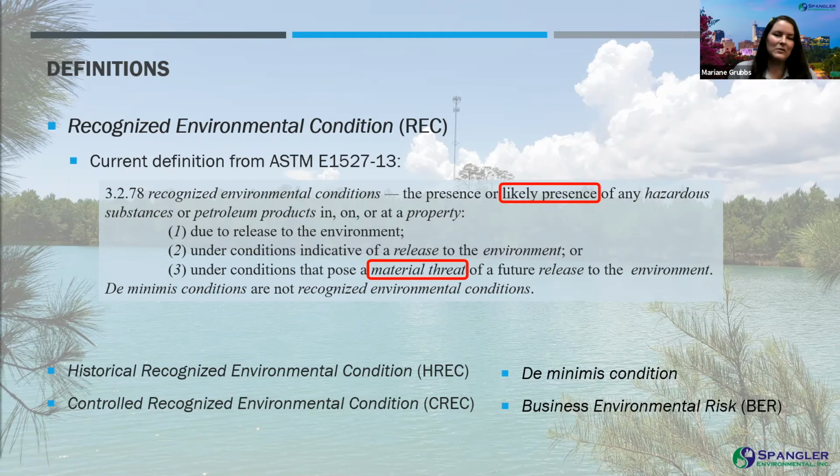Now, one of the big revisions under debate with the upcoming revision is how to clarify the definition of REC, specifically focusing on that likely presence or the material threat phrasing that can be a little bit ambiguous. The goal being, of course, to encourage more consistent determinations from environmental professionals across the industry. So what we've heard from members of the task force currently working on the revisions is 2 things.